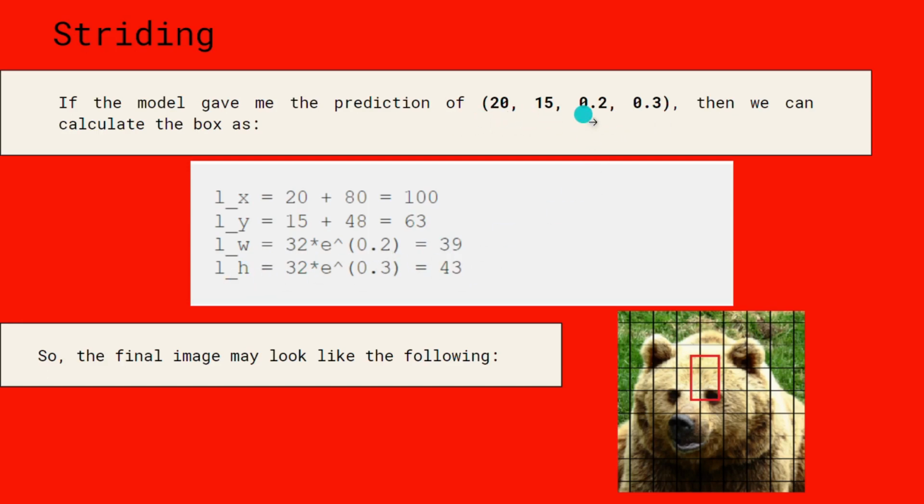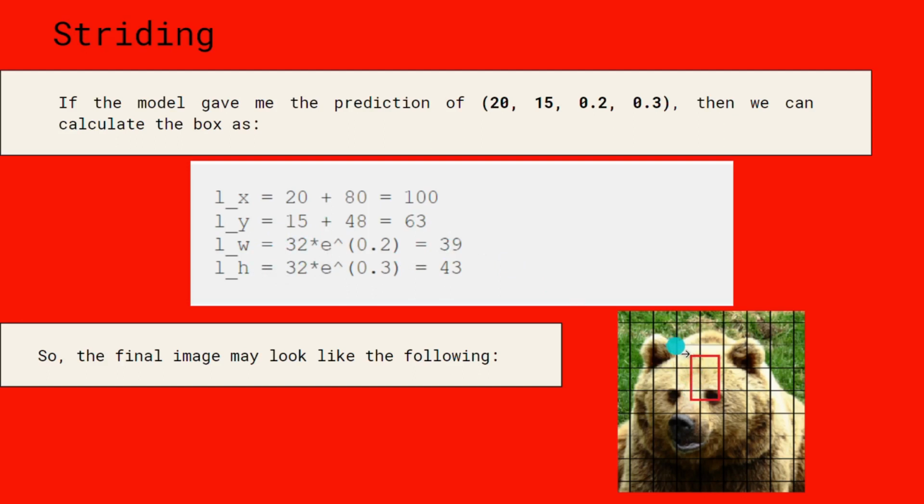These values are predictions from our model, and we'll place them instead of the px and py. The original x and y are given as 80 and 48, which we computed from the previous slide. And these 0.2 and 0.3 are predictions for the scale of the width and height. We pass them inside of an exponential function, and then we multiply by a stride value of 32 in order to get the final predictions for the width and height.